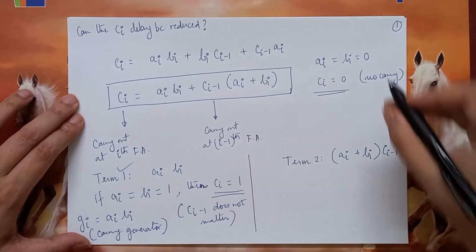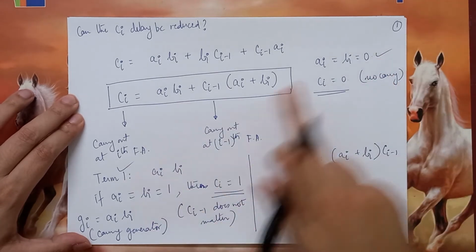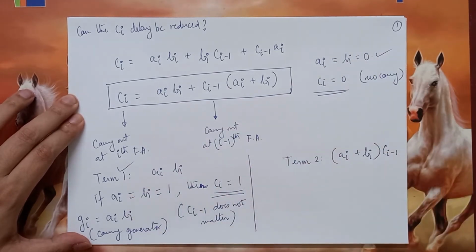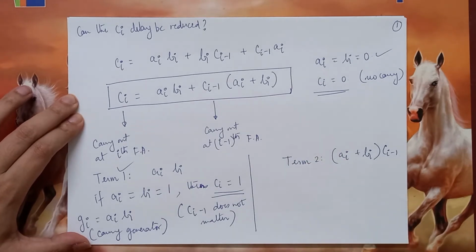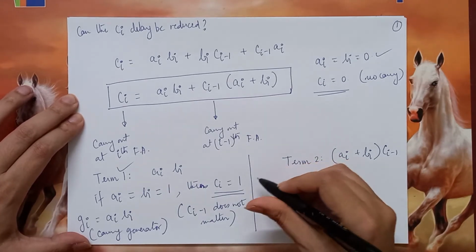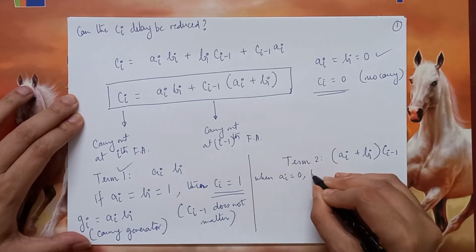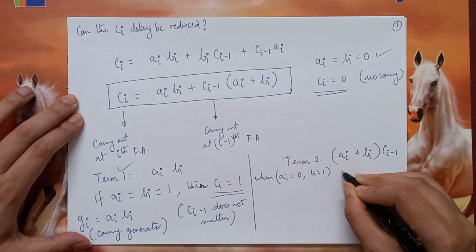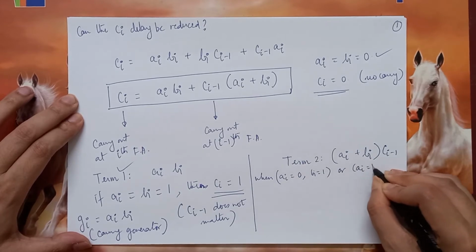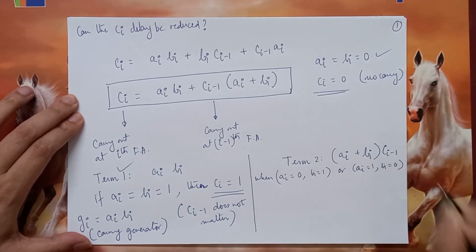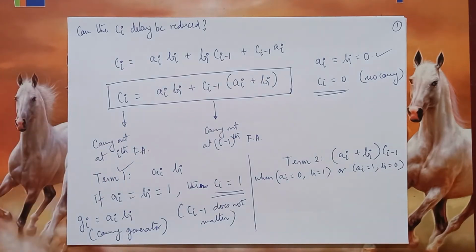Now with this we have seen two cases, when both are 0 and both are 1. Now there remain two cases, when either ai is 0, bi is 1, or ai is 1 and bi is 0. So in this case, the fun comes.